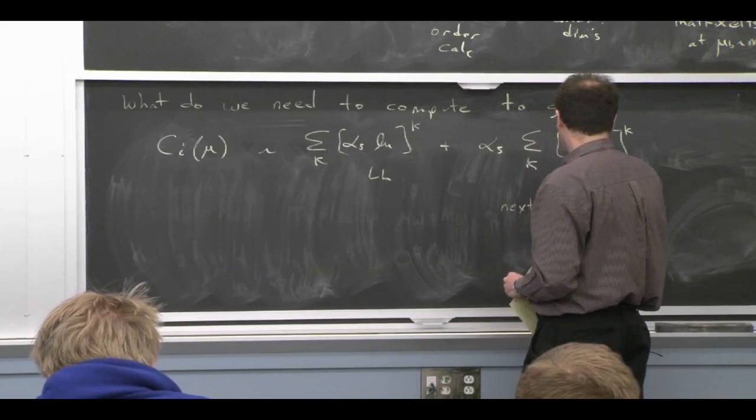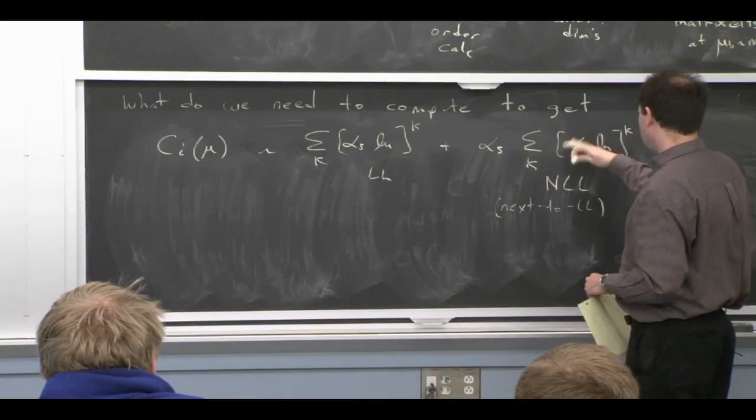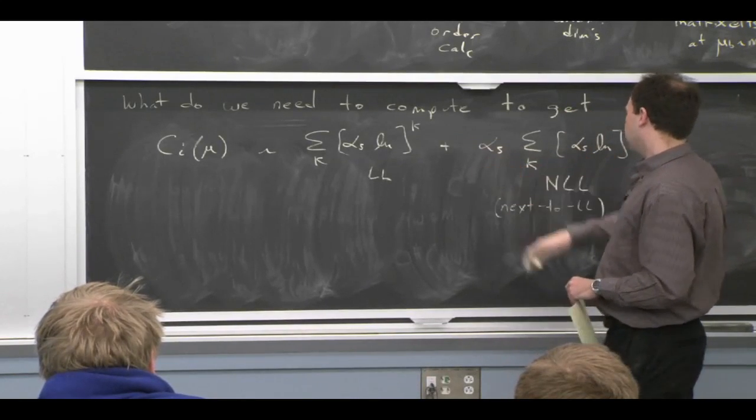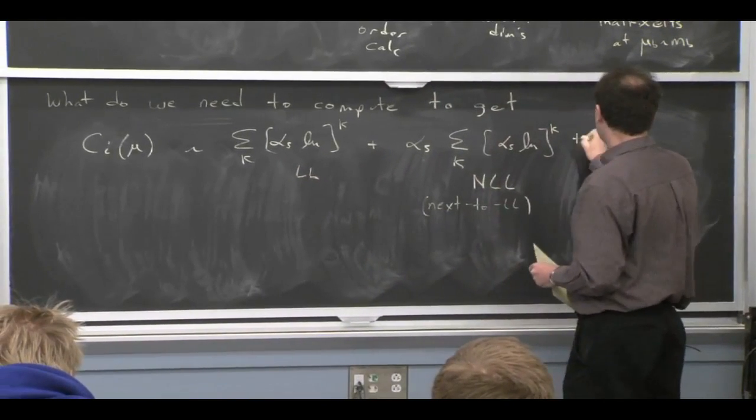So something that you call next to leading log, or NLL, is the same type of thing, a different series than that one, times an extra factor of alpha. So it's down compared to this by alpha_s. And then you keep going.